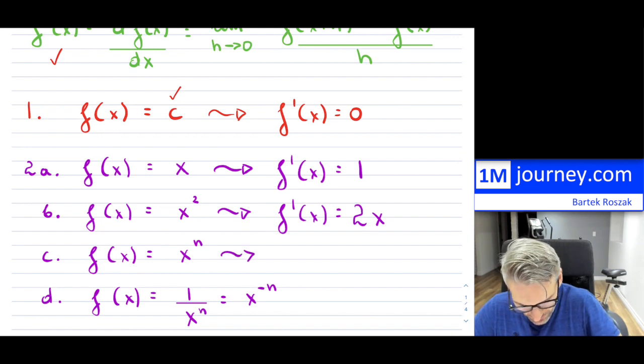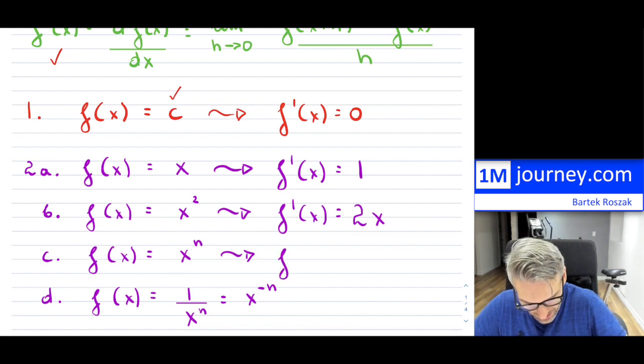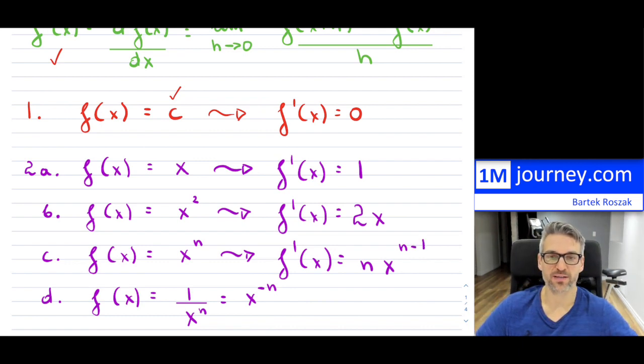In general, if this x is to some power n, so that exponent is maybe 2, maybe 3, maybe 4, maybe 5, maybe 6, maybe 100, it turns out that the derivative is always equal to the exponent multiplied by your variable. And now you're going to subtract 1 from that exponent.